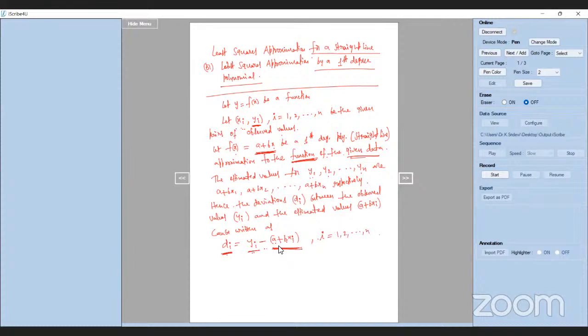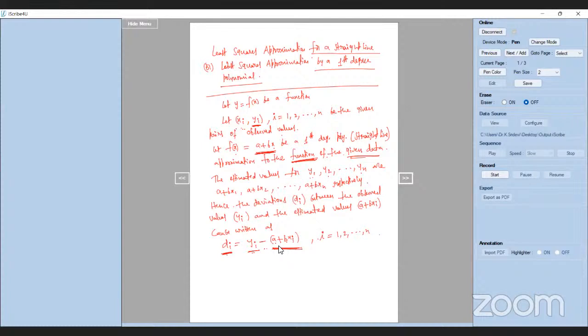Now we take square on both sides, and then we take the sum of square deviations. There are n deviations, d1, d2, and so on, dn.